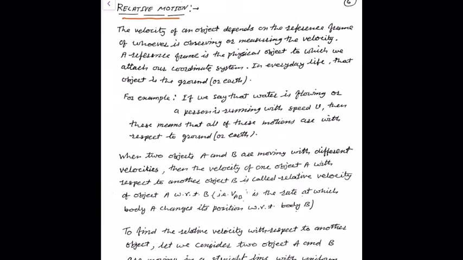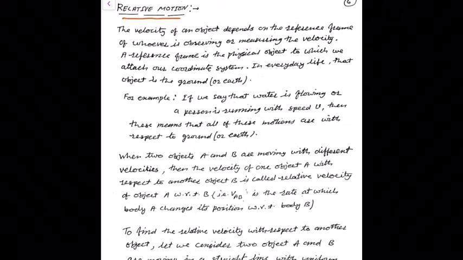Next, relative motion. Rest and motion are only relative terms and not absolute. A given object may be at rest with respect to a particular observer, but it may be in motion with respect to another observer. Therefore, velocity, which is the rate at which motion takes place, is also relative and not absolute.